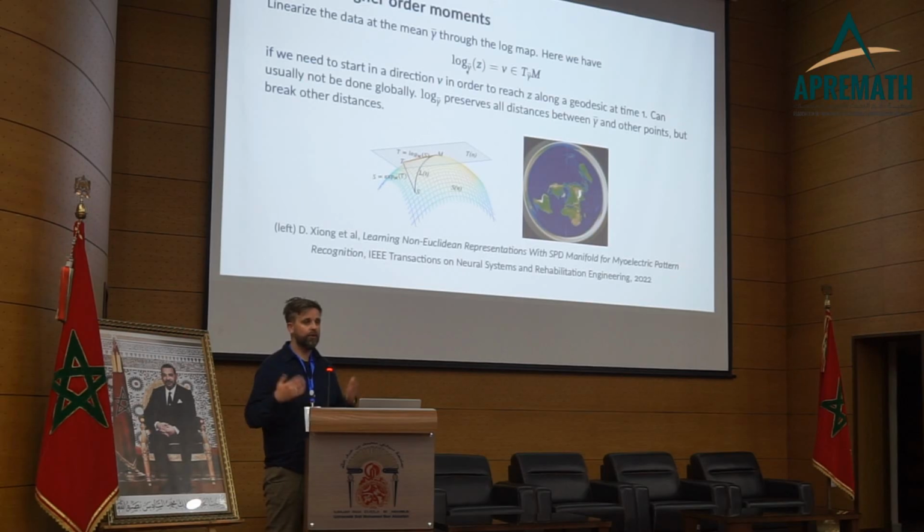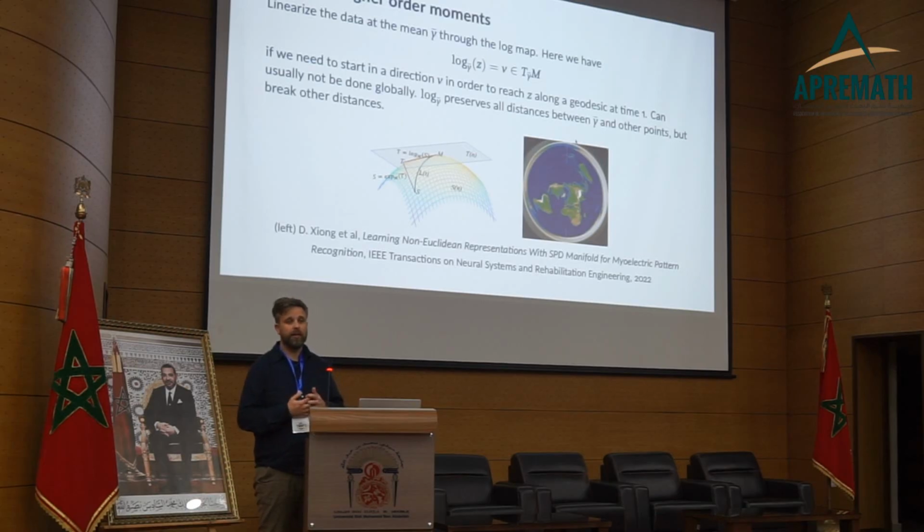Then, since you just found your mean on the previous slide, you can start off by applying this log. Now the log isn't necessarily defined everywhere in your manifold, but it's defined in some neighborhood close to your mean, so you can linearize your set of points around the mean, and then you can compute as if you were in Rn after that.